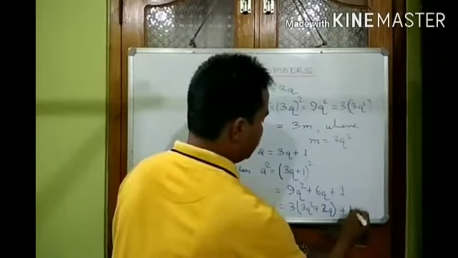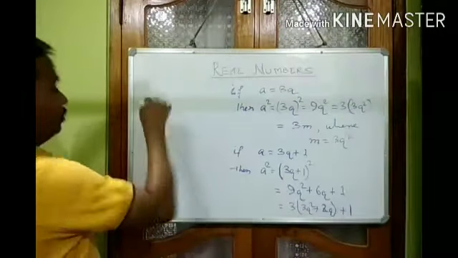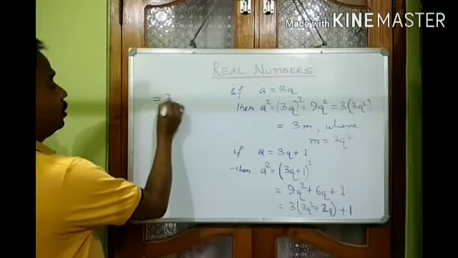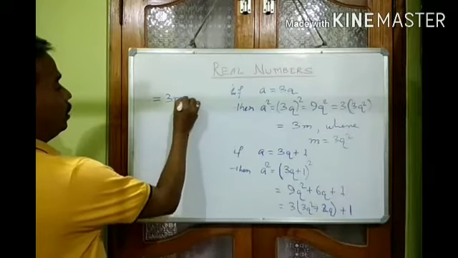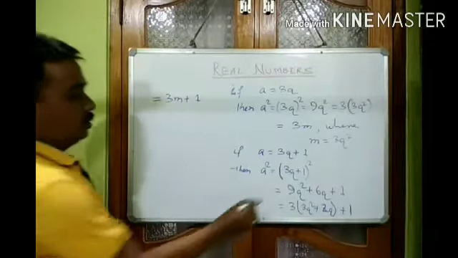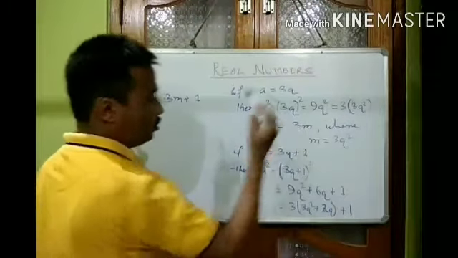So we can write this as 3m plus 1. This is also of the form 3m plus 1, where m is equal to 3q square plus 2q.